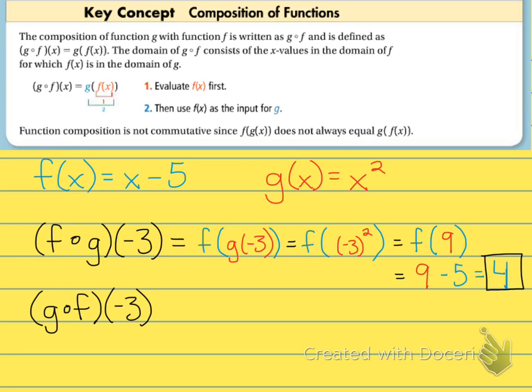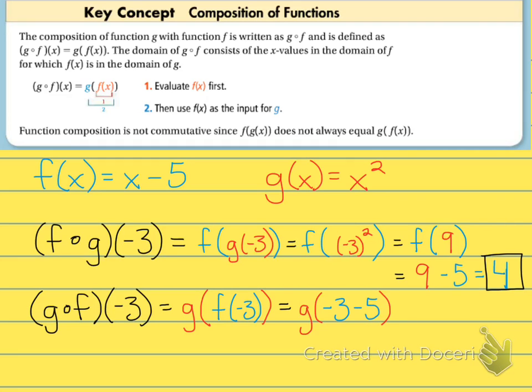What if we did, instead of f of g, g of f? There's a difference here. Now g is first and f is our second function. So I'm going to first evaluate f of negative 3, take that answer and put that into the g function. Basically I'm doing the opposite of what I just did with f of g. Now I'm doing g of f, different order. So first evaluate f of negative 3.